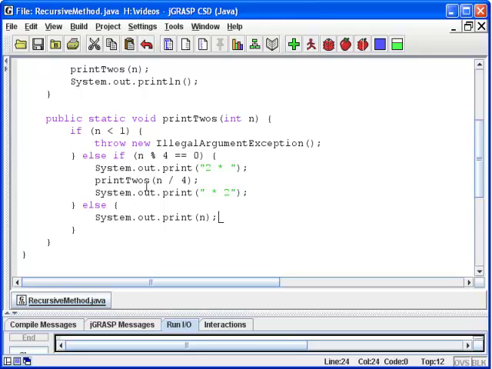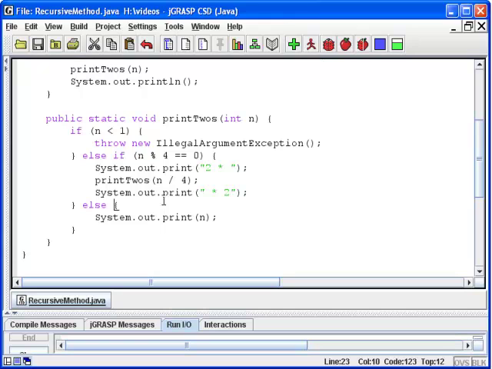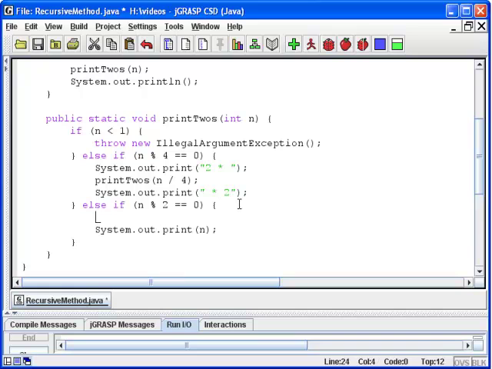To fit this into our structure, we have to be careful to think about it. If we made that our second test, we had n less than 1, and then we said if n mod 2 is 0, if it's divisible by 2, well, the numbers that are divisible by 4 are also divisible by 2. So we've got to be careful to put it later. So we'll have our test for numbers that are divisible by 4, and if we don't pass that test, we'll say if we have an n mod 2 of 0, if it's divisible by 2, then that's one of these numbers that's not divisible by 4, but it is divisible by 2.